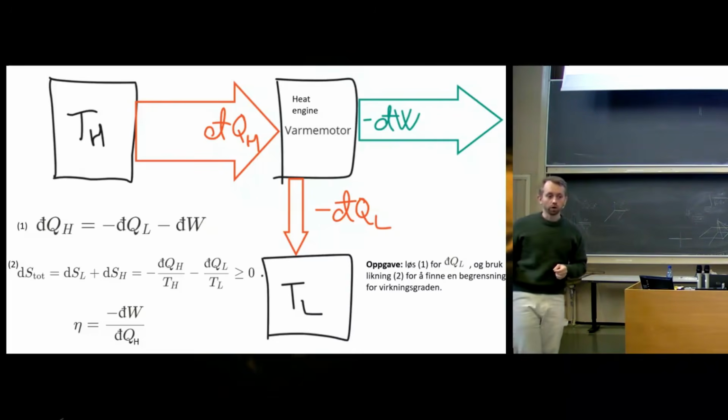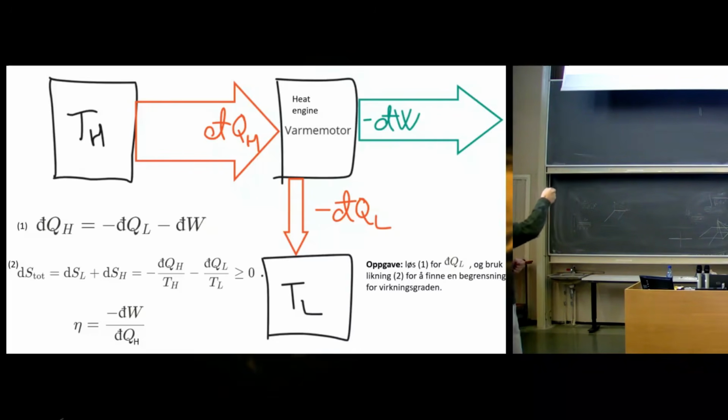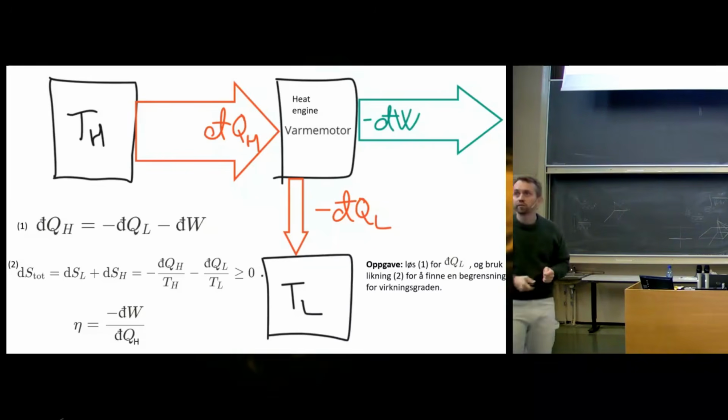And now we have two laws. We have the first law, which is that the energy that we add to the system, that is dQH, has to equal the energy that comes out of the engine, minus dQL minus dW. And we have the second law of thermodynamics, which says that the total amount of entropy, which is the change in entropy here and entropy here, has to be greater than or equal to 0.